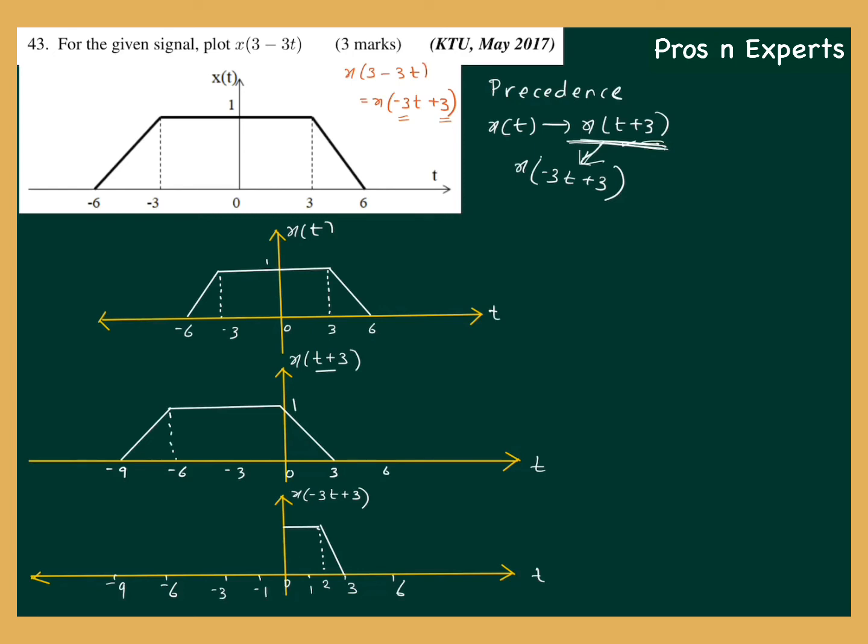And now what happens to this unit here? 3 divided by minus 3 will give you minus 1. So this portion goes to minus 1 like this, and the amplitude is not changed. So this is the final answer you need to have, that is x of minus 3t plus 3.